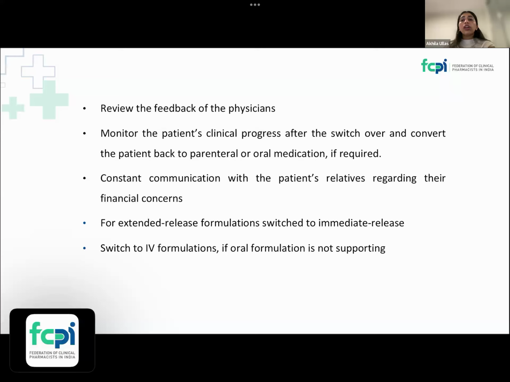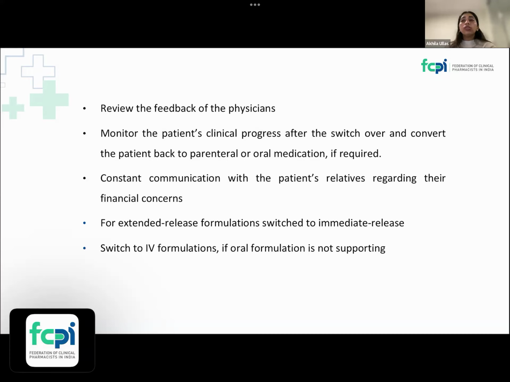You need to observe the patient on a daily basis, and keep constant communication with the patient's relatives regarding their financial concerns. See, some of the patients have financial burdens, they won't be able to afford some of the medications. So you need to have constant conversation with the patients, bystanders or parties.